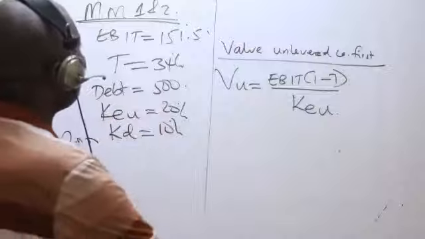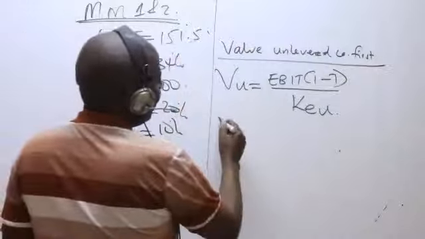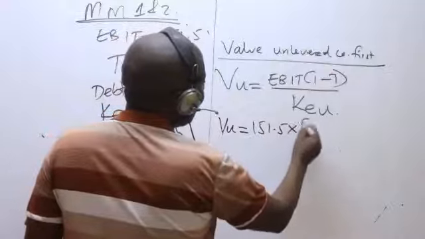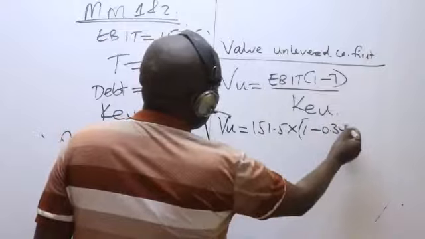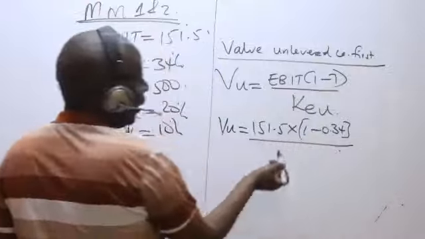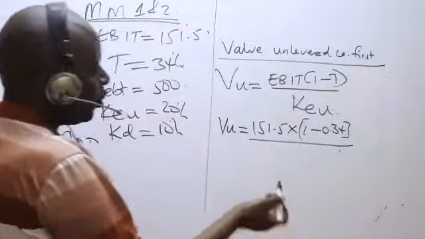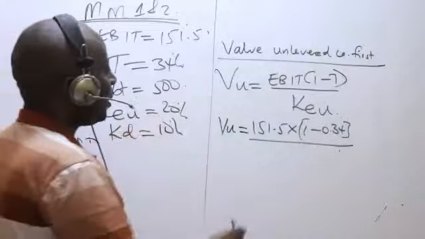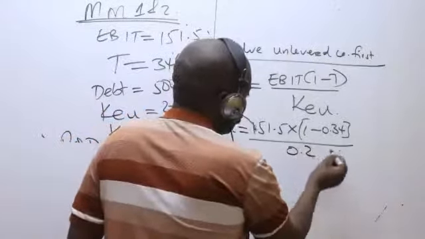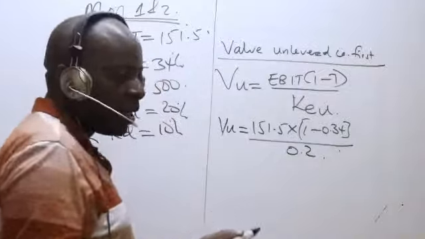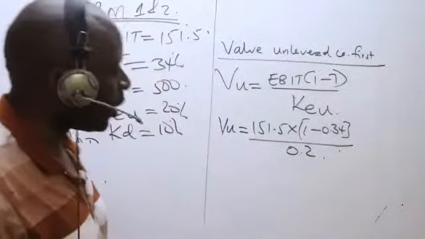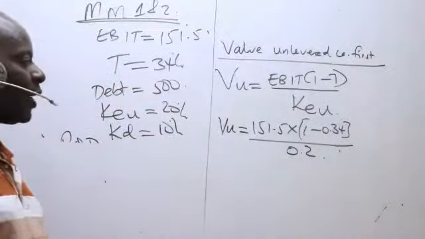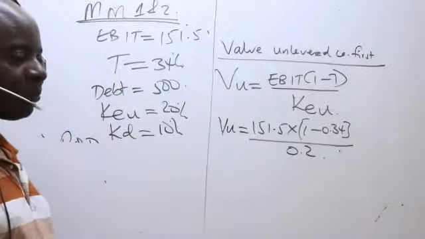Oh yes, EBIT is 151.5, times 1 minus tax of 0.34, all over Ku. What is our Ku here? Cost of equity of an unlevered firm is 0.2. Are you able now to give me the value of the unlevered firm?